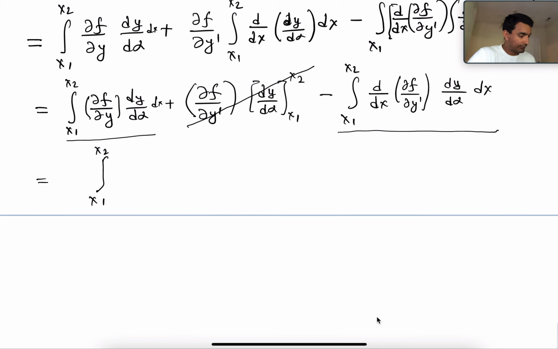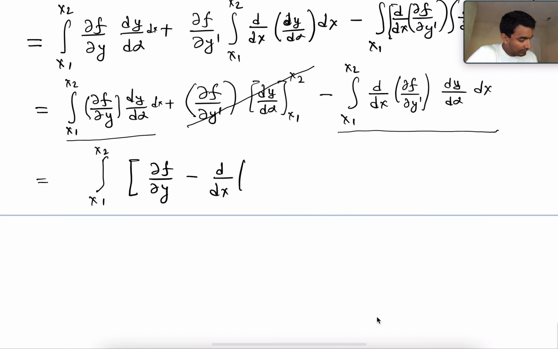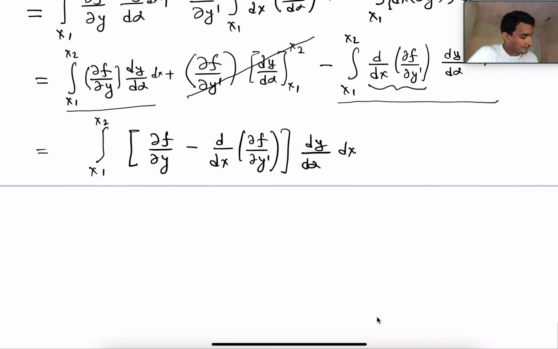Both of them are being integrated over the same range, and under the bracket we will write del f by del y minus d by dx of del f by del y prime. These are the two terms. The first term is from here, del f by del y. The second is this part, d by dx of del f by del y prime, and everything else is the term which is common in both the first term and the second term.